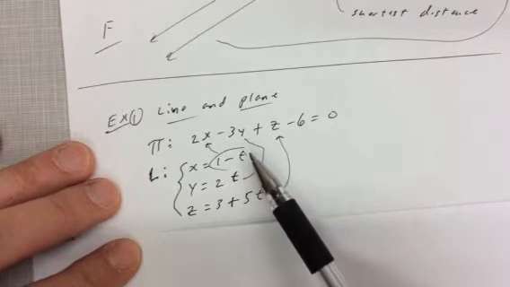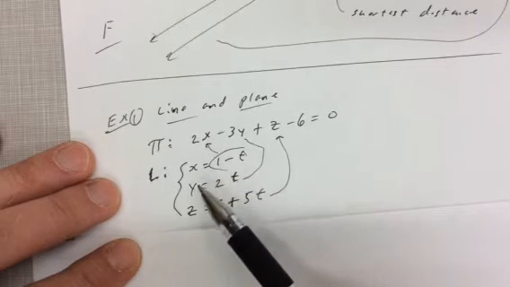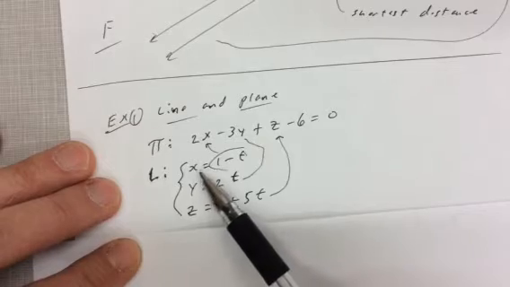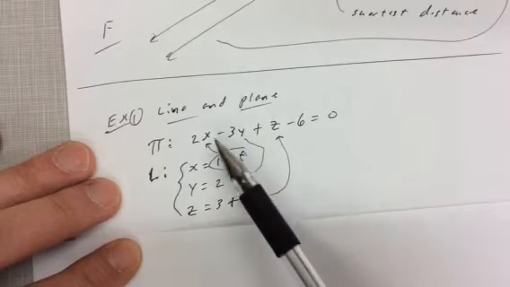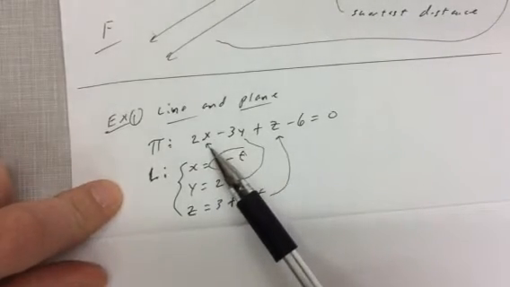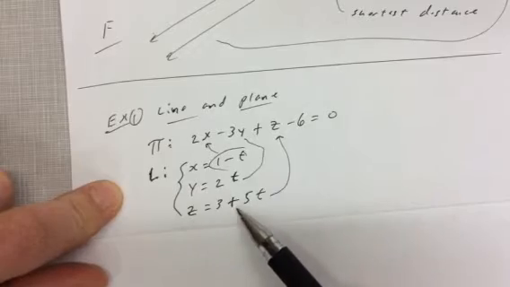So at the intersection point, we know that the x-coordinate, the y-coordinate, and the z-coordinate are all the same. So let's assume that there is an intersection point between this line and this plane. If there is, I can substitute the expression for x into the plane, because the x is going to be the same at the intersection point. Same with the y, I sub that in there, and for z, I sub this in.